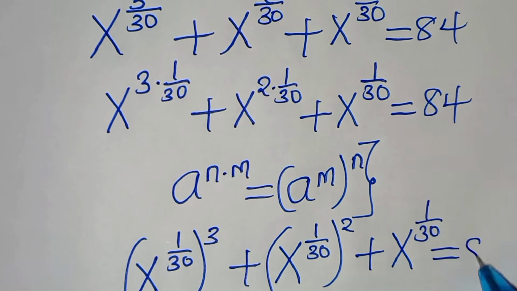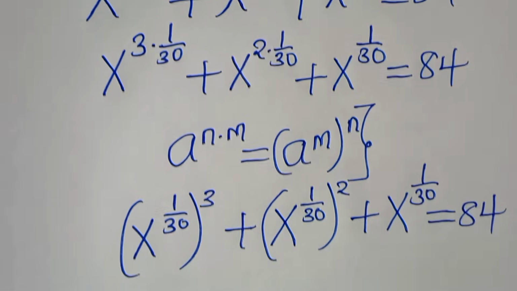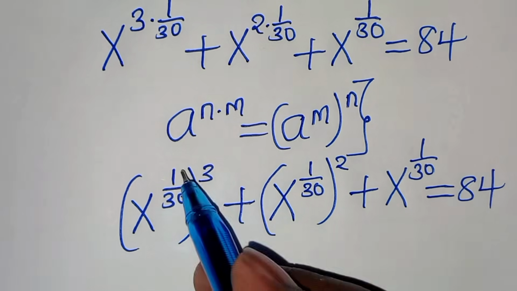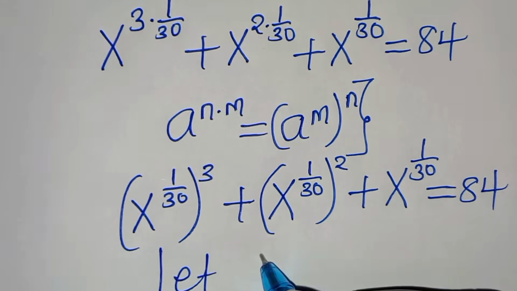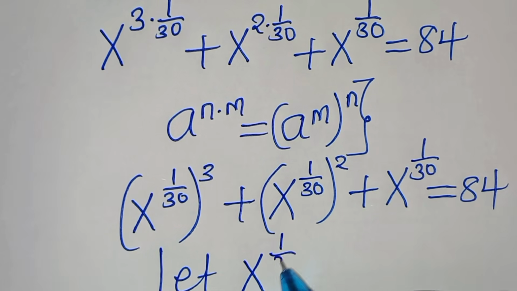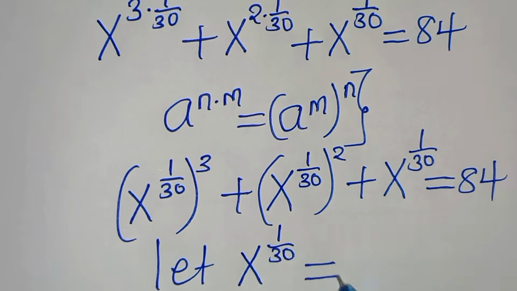This is equal to 84. Now x to the power of 1 over 30 is common here, so we can let x to the power of 1 over 30 be equal to u.